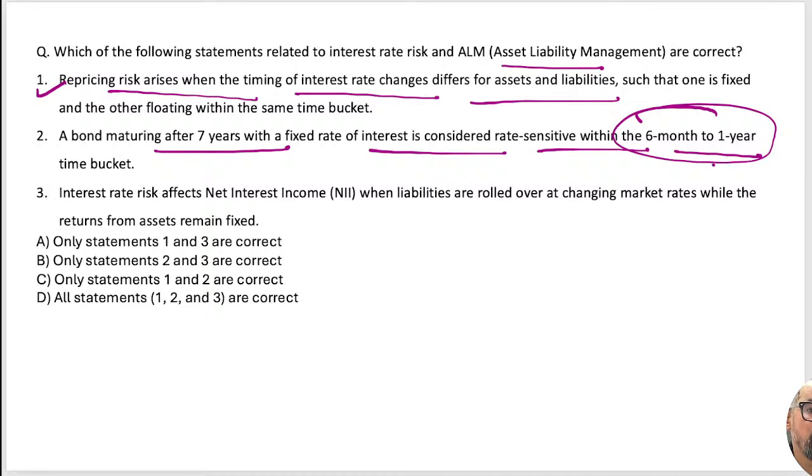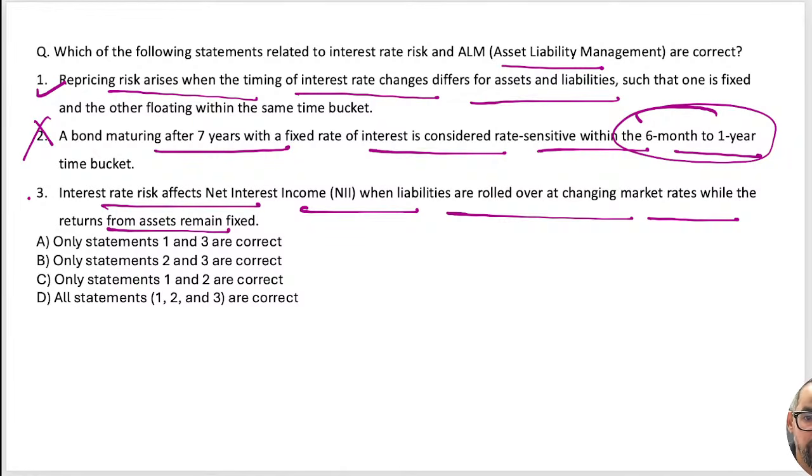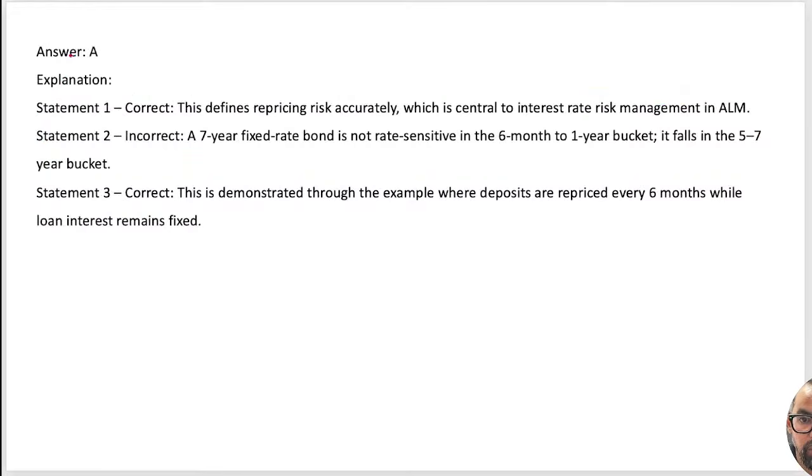Basically, the longer the duration, the longer the rate sensitivity, so this should be wrong. Interest rate risk affects NII, net interest income, where liabilities are rolled over at changing market rates while the assets remain fixed. Yes, 1 and 3, so option A should be the right answer.